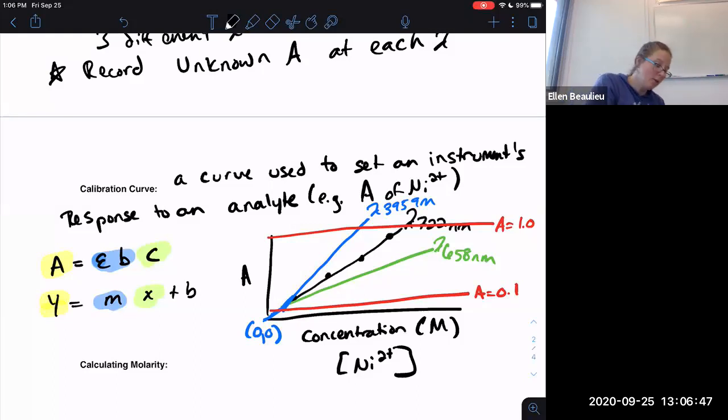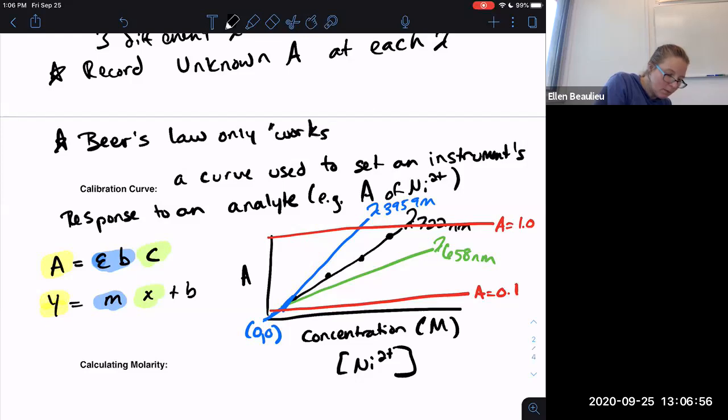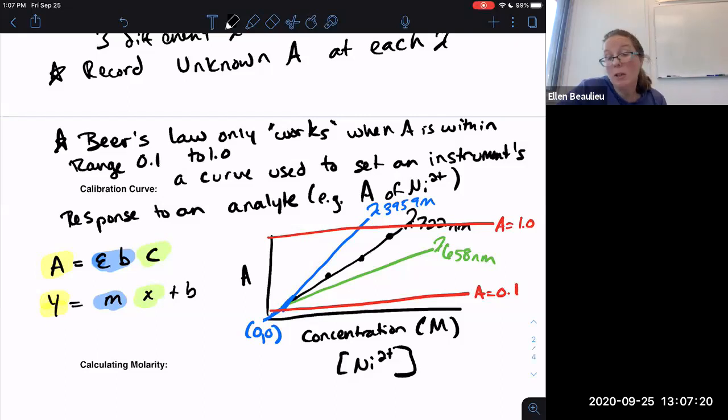Beer's law only works between, it only has that linearity relationship when absorbance is between 1 and 0.1. Below 0.1 or above 1 are out of the linear range. So when you're making your plot for this lab, I want you to delete any data points where the absorbance is above 1 or below 0.1.